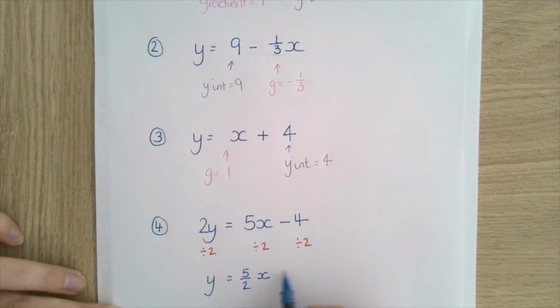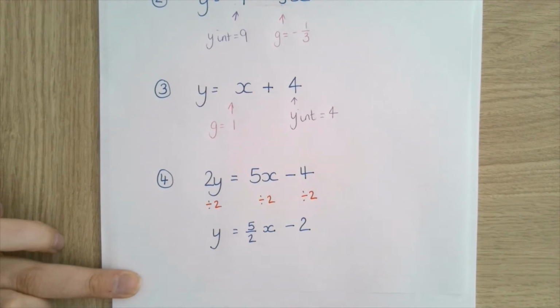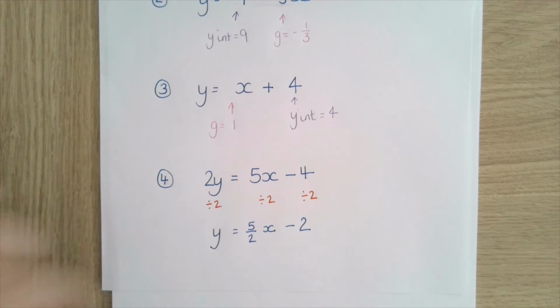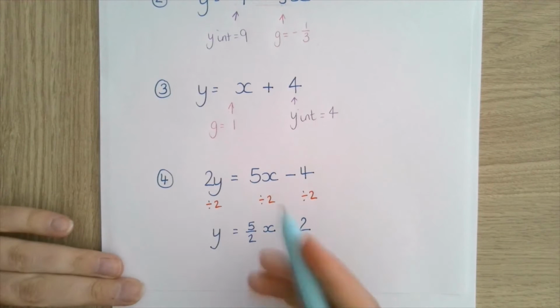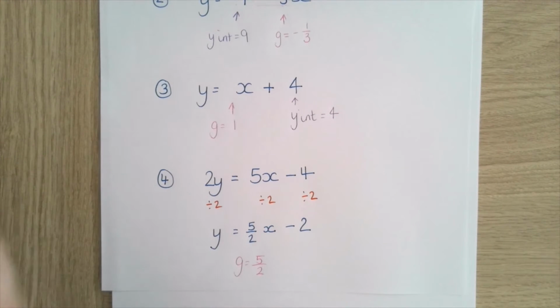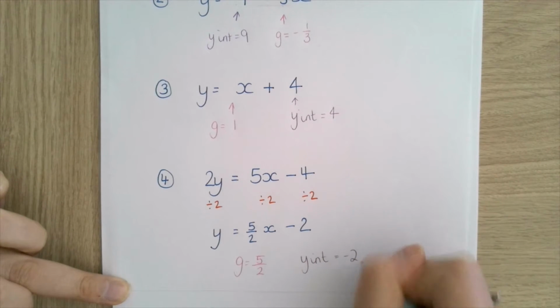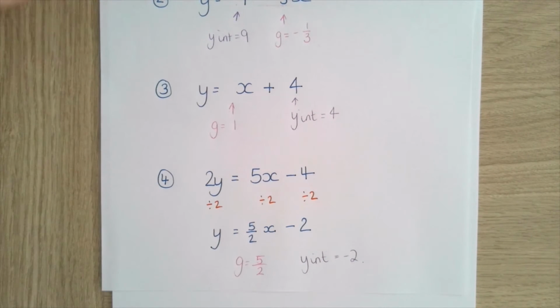And -4 divided by 2 is -2. I can now really clearly see I've got it in the format y equals mx plus c. And I can take from that my gradient is 5 over 2. And my y-intercept is -2 because it's the number on its own there.